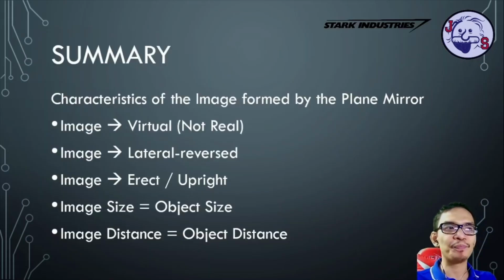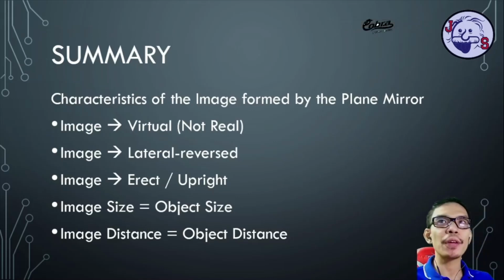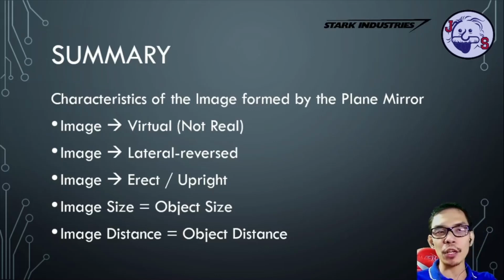So with that, let's have a summary of everything that we have discussed in this video lesson. Number 1 is the image formed. The image formed in the plane mirror is virtual, behind the mirror. Next, the image is laterally reversed, which means that if you raise your right hand in front of the mirror, the image will raise its left hand.